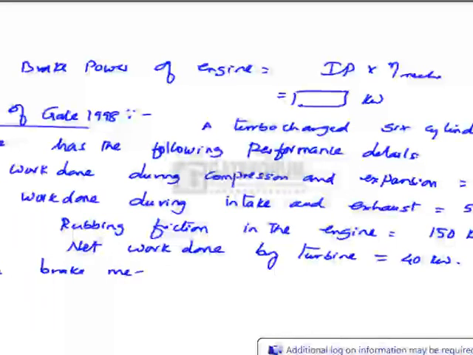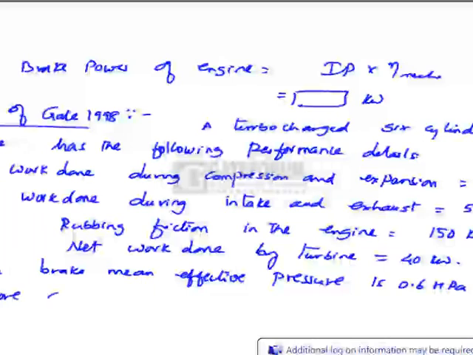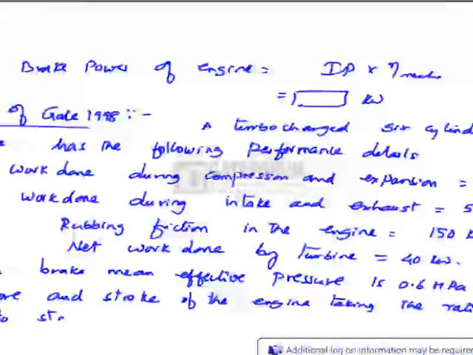If the brake mean effective pressure is 0.6 megapascal, determine the bore and stroke of the engine, taking the ratio of bore to stroke as 1 and engine speed as 1000 rpm.